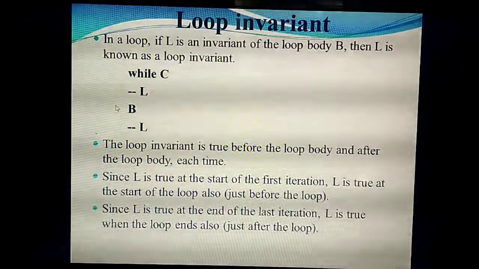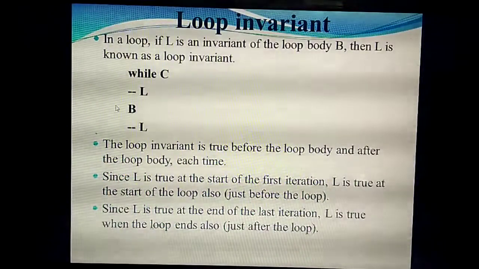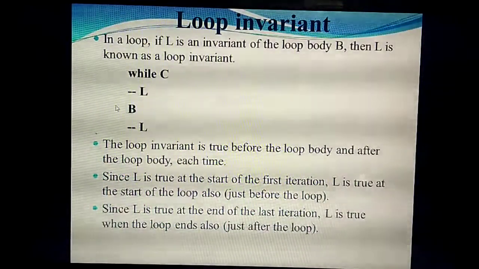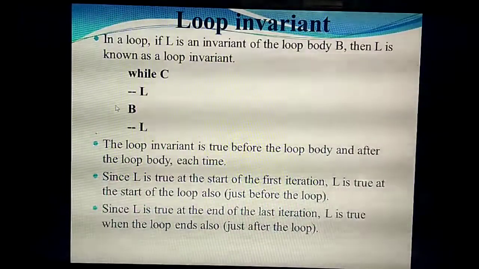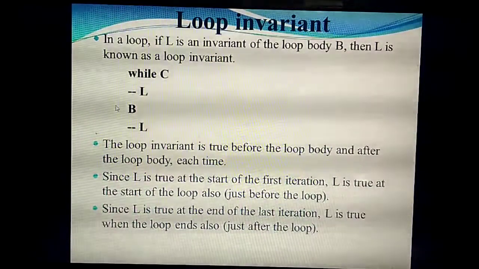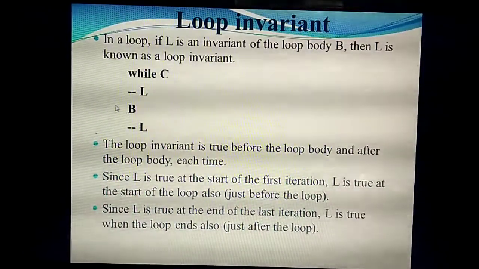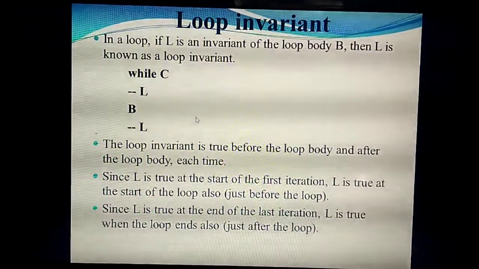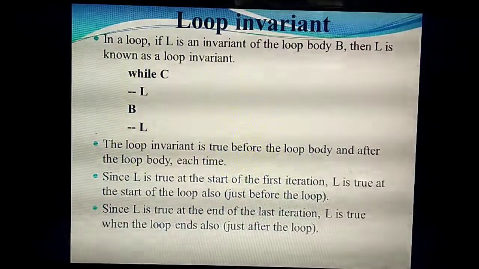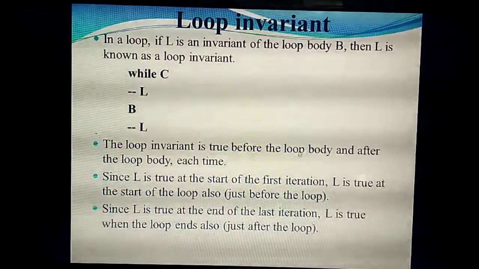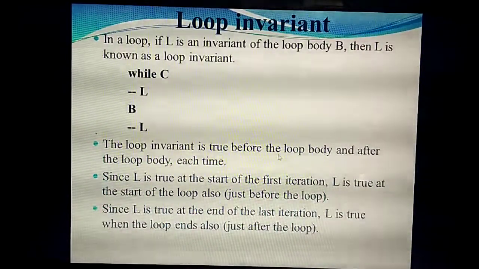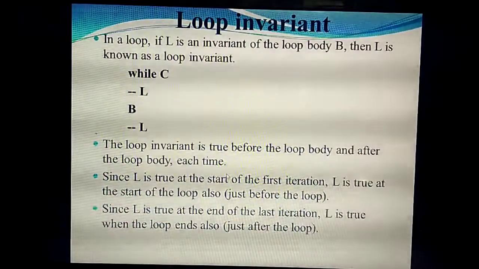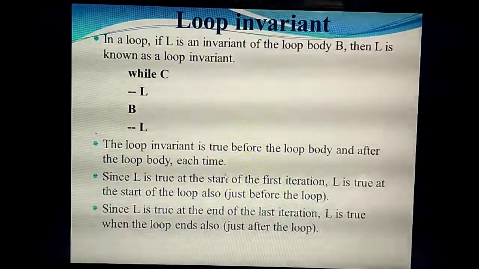Okay. What are the conditions you need to find, and that is the important thing. What are the things you need to note when the loop is invariant? Listen. L becomes true before the loop body, and after the loop body, L becomes true.